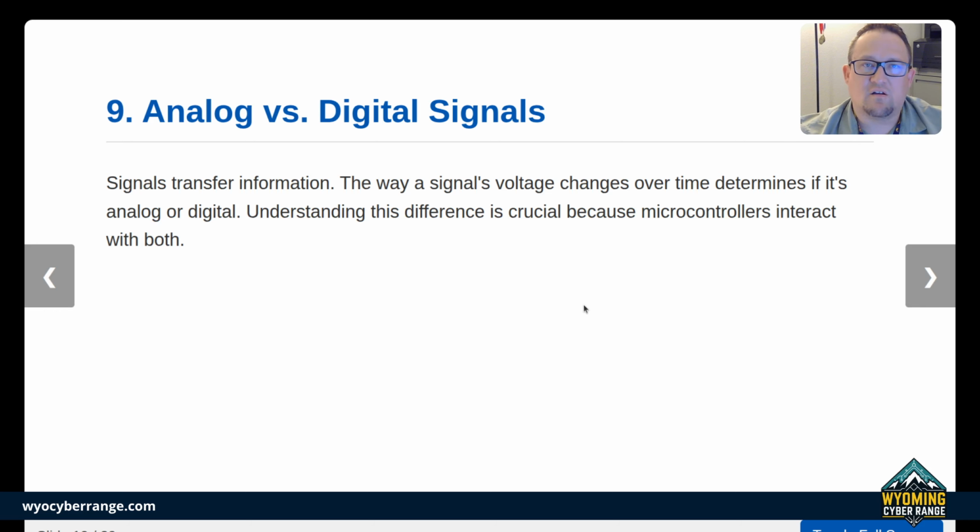Analog isn't just on or off. We're dealing with a wave instead of just being on or off, a 0 or a 1. So we're not dealing with absolute values when we're dealing with analog. And a lot of times what you're going to see here is we're going to see it represented as like a sine curve. For those who haven't seen a sine curve, refer to the book material here and we can actually see what those curves look like.